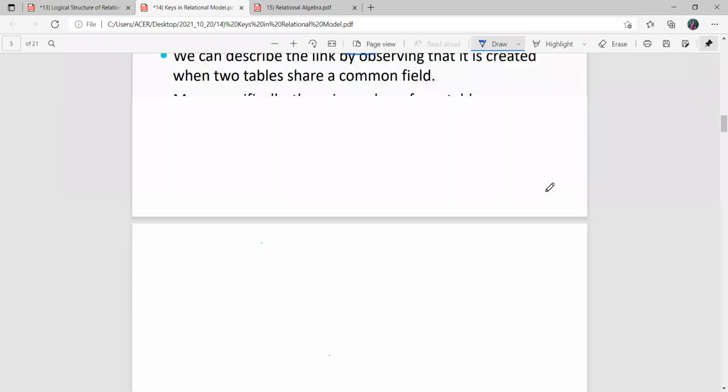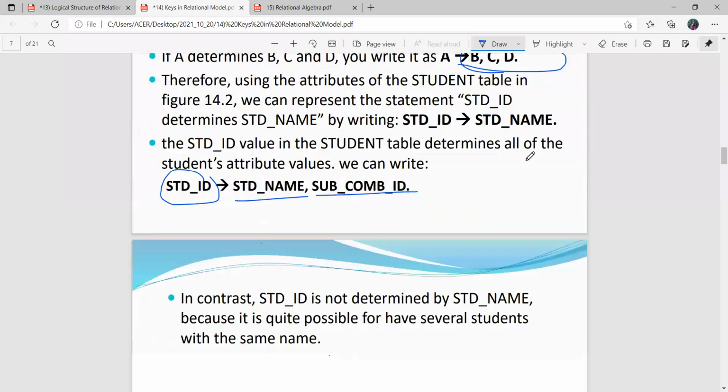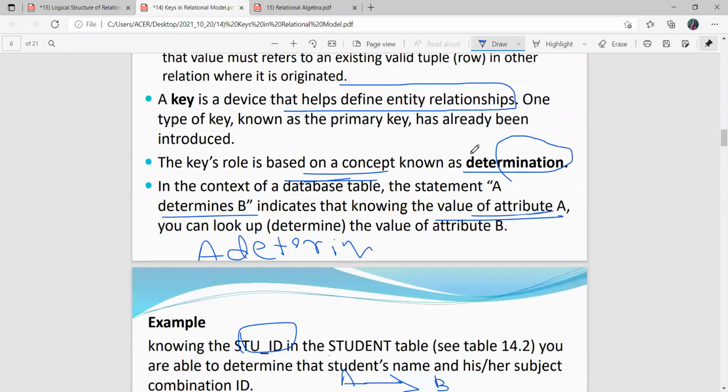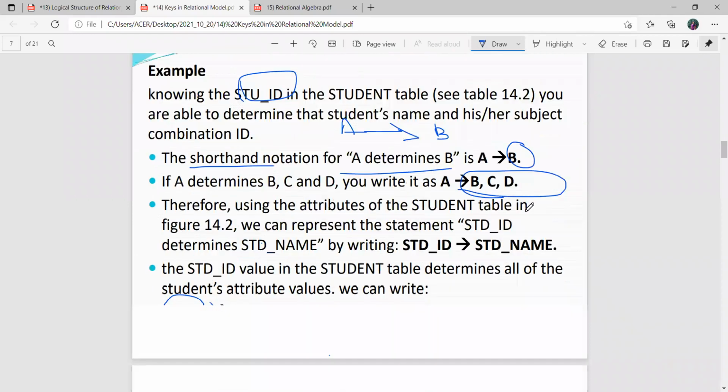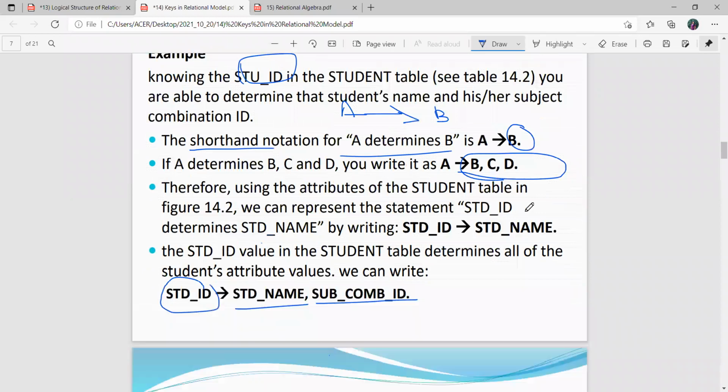Is it clear? Determination means the key's role. Using the primary key, you can determine any other attributes. According to our example, by using the student ID, we can determine the student name. It is a simple thing. Is it clear?